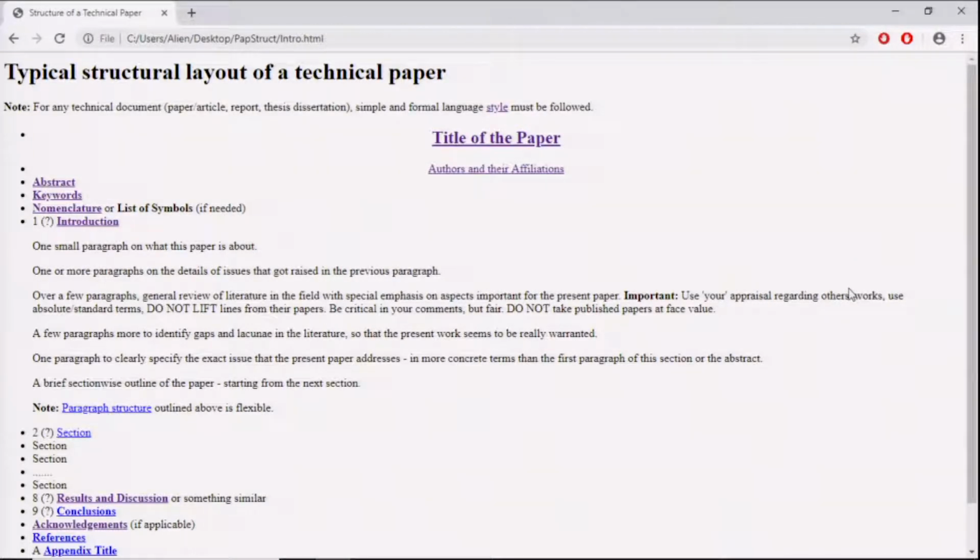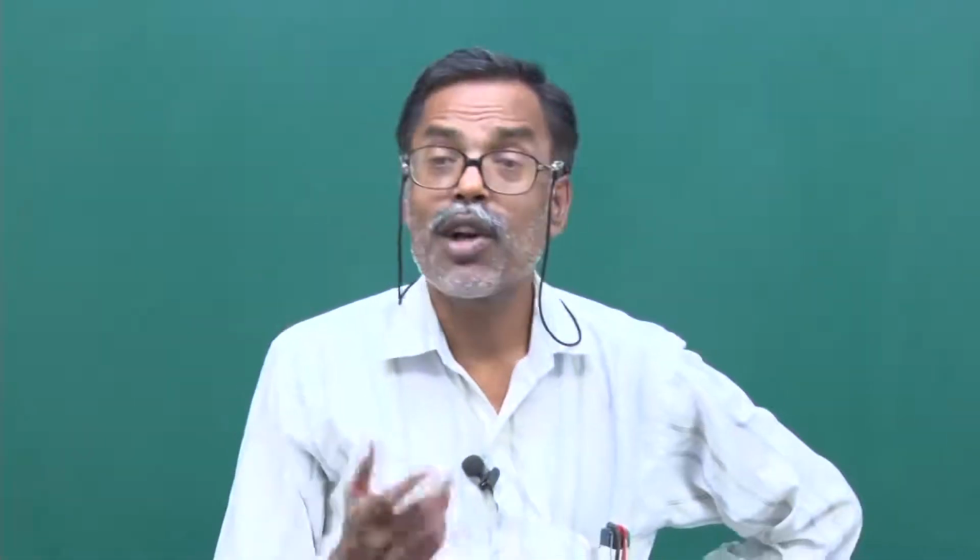For example, if some authors have used Euler-Lagrange formulation, you can write that these authors in this paper have used Euler-Lagrange formulation to formulate the dynamics of such and such system. Because Euler-Lagrange formulation is something standard, textbooks have it, everybody in the field knows it.